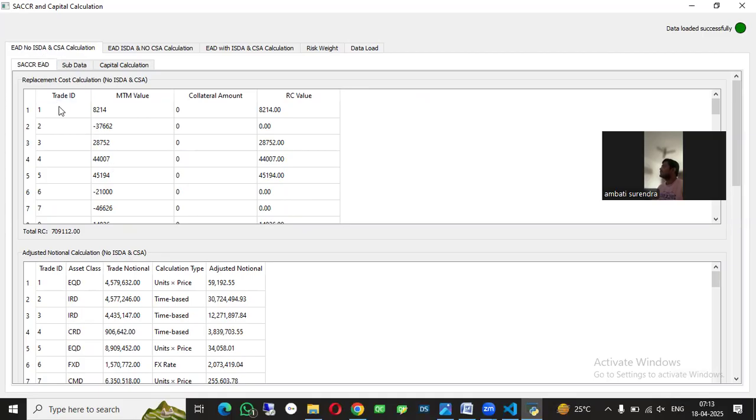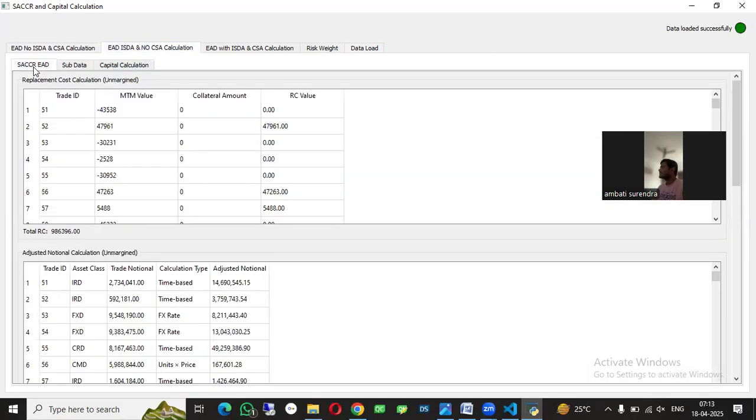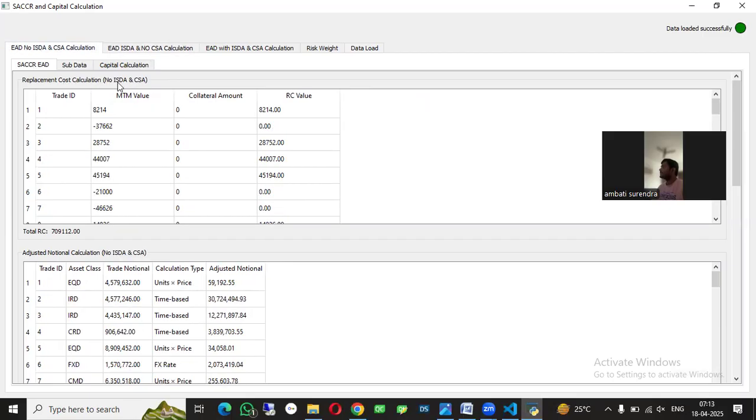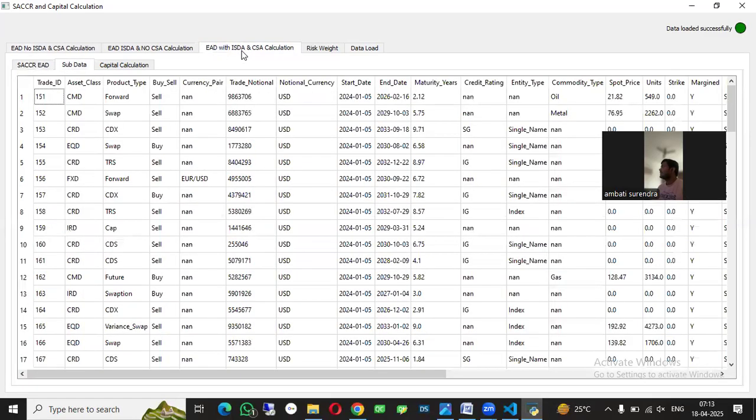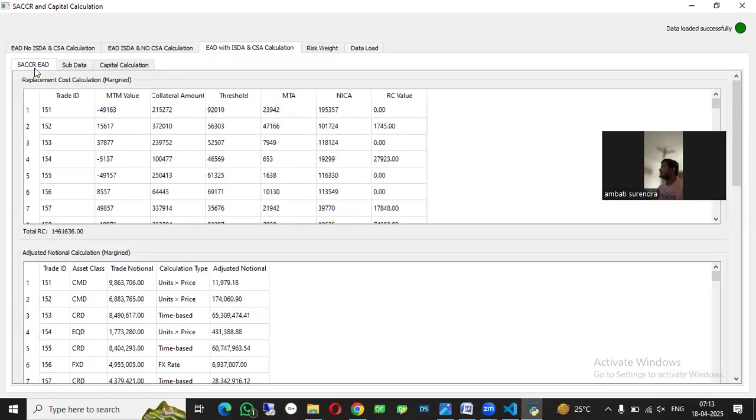So EAD no ISDA is an unmargined transaction. EAD ISDA is also an unmargined transaction. That's what you can see on the top of the label. Here I mentioned it as no ISDA CSA. And if you go to the third tab, here you can see the margin.